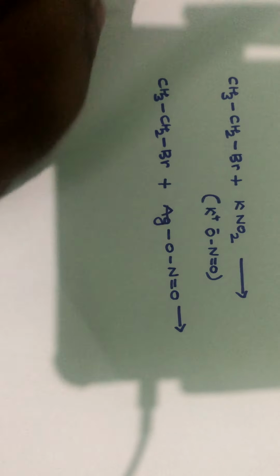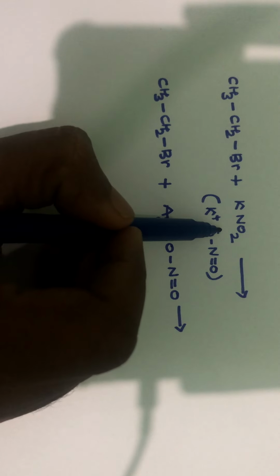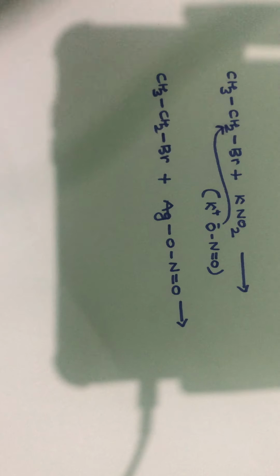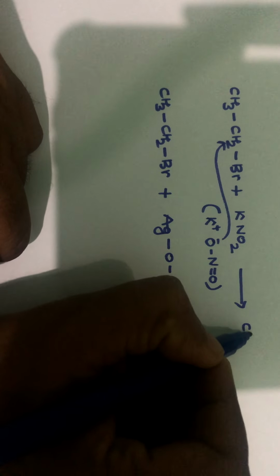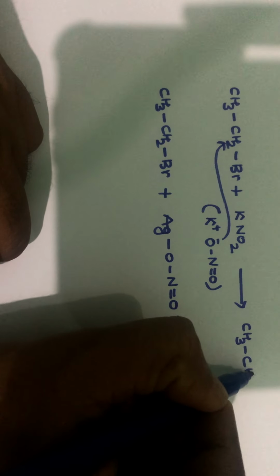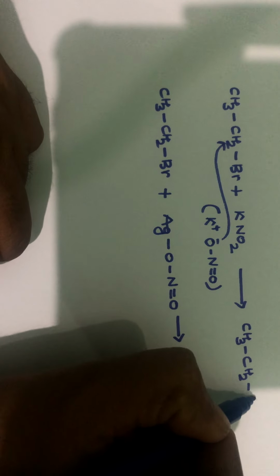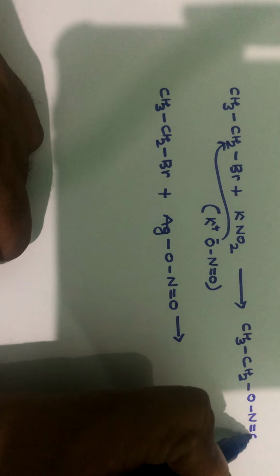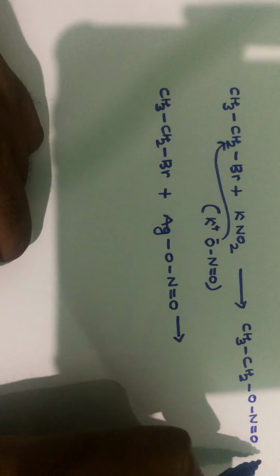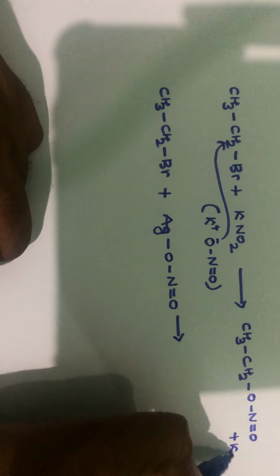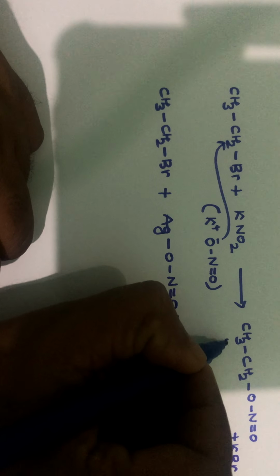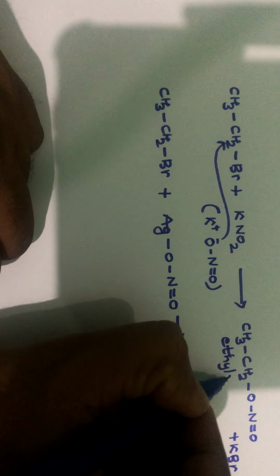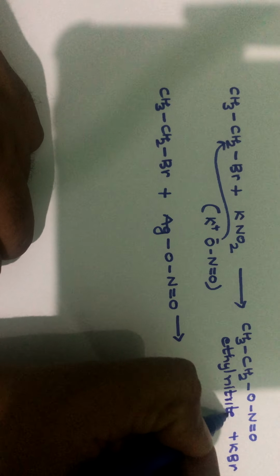Here it is ionic, so the attack takes place through oxygen, resulting in the formation of this compound, CH3CH2 O N double bond O, as usual KBr. So you get ethyl nitrite. That's the product.